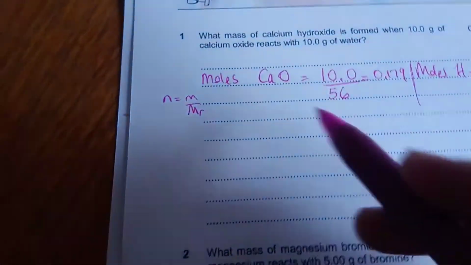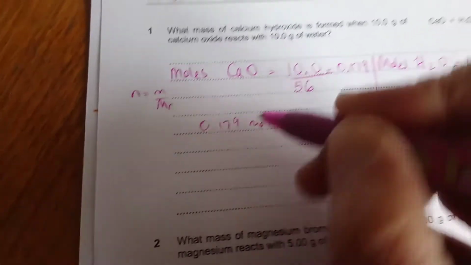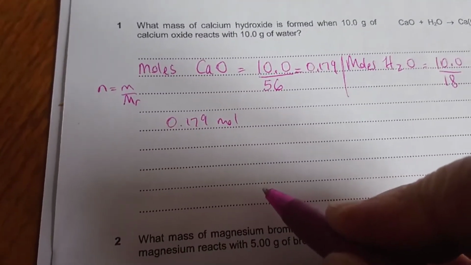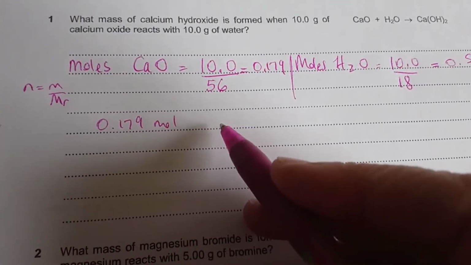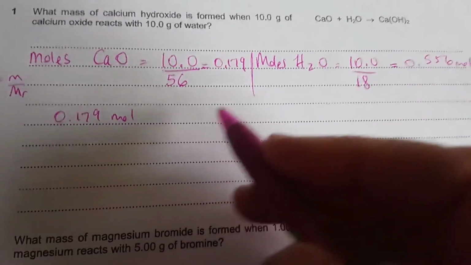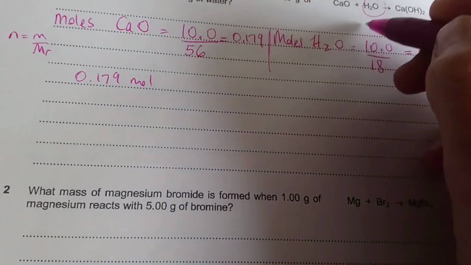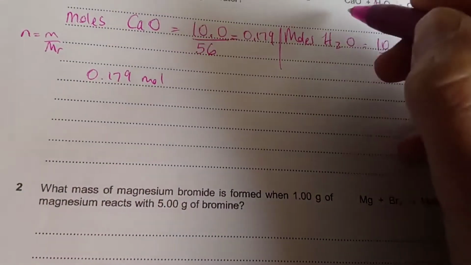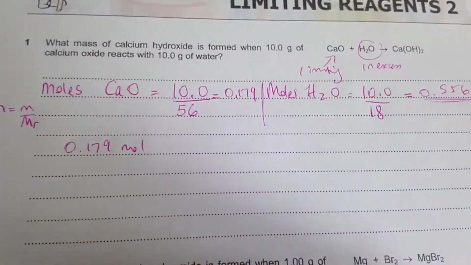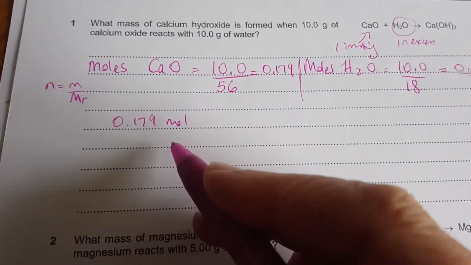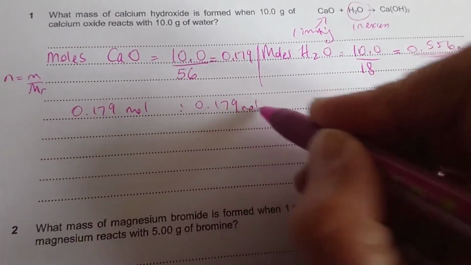So what I've got here is 0.179 mole only needs to react with 0.179 mole of water. What I've got though is 0.56 mole. So I already know that that one is in excess, and I know that that one is limiting.